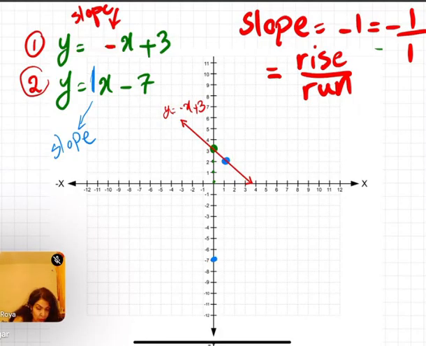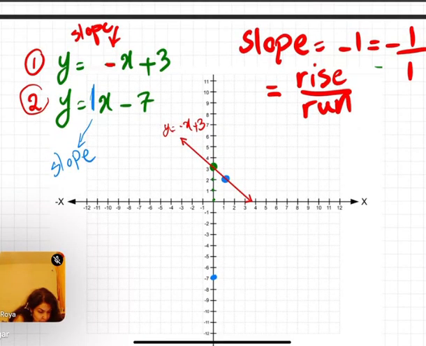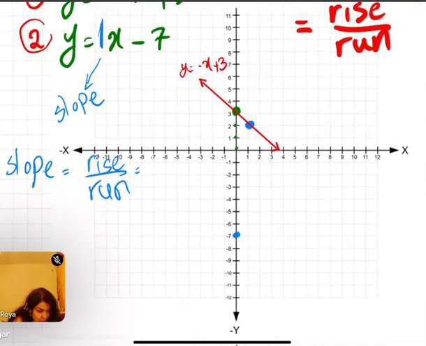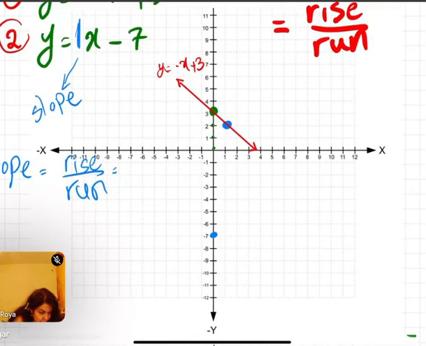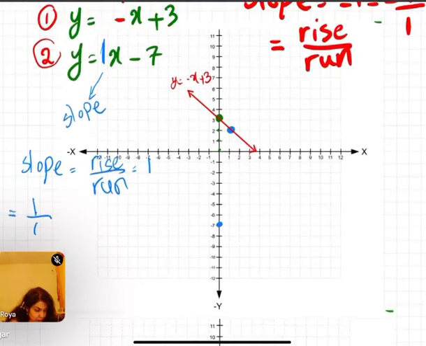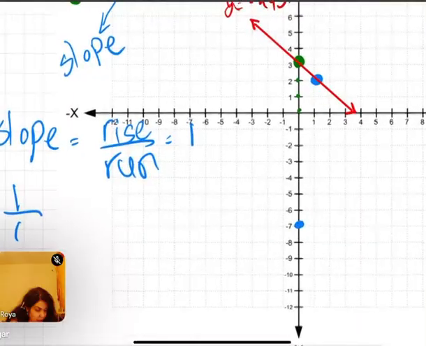You know slope is equal to rise over run, and this is equal to 1, and 1 is equal to 1 over 1. So rise is 1 and run is 1.